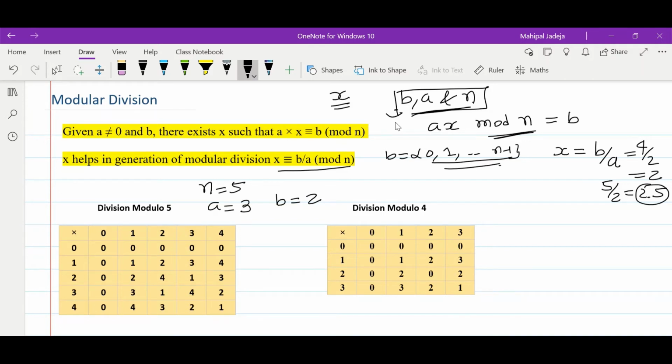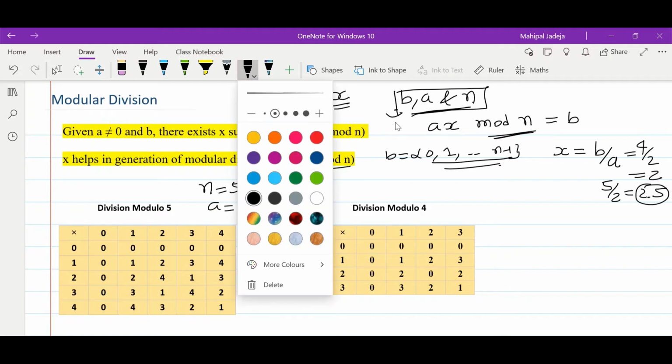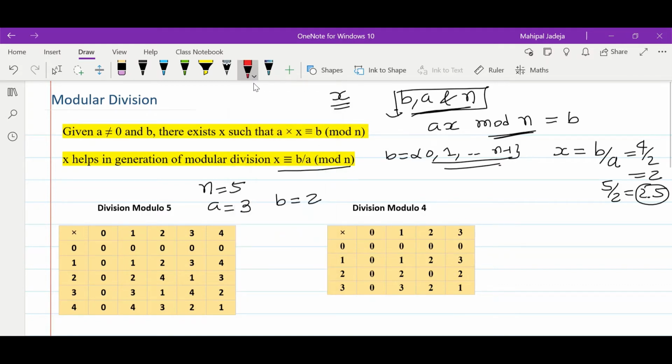Now from this table, let's try to derive the answer, which is nothing but the value of x. The row values correspond to values of a, and here the value of a is 3, so I am referring to this particular row.